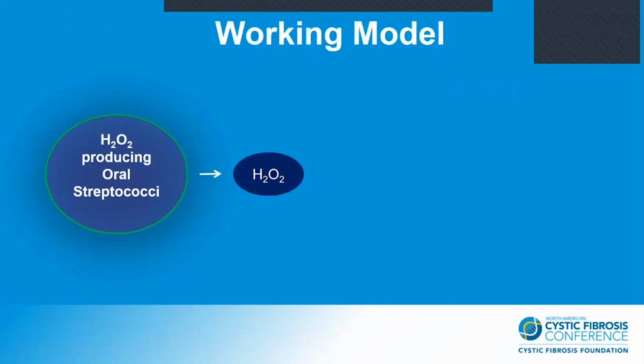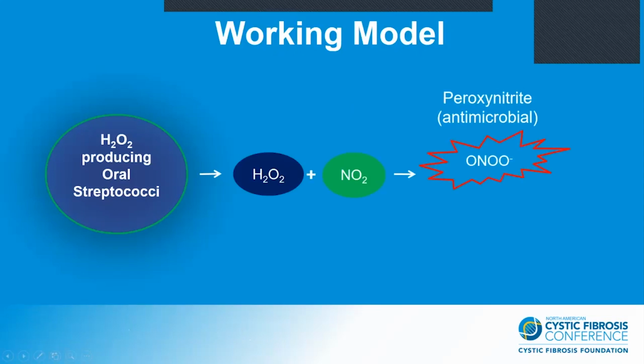So taken together, our working model suggests that the presence of hydrogen peroxide producing oral streptococci in the presence of nitrite can produce an antimicrobial called peroxynitrite. We know that peroxynitrite has antimicrobial activity against Pseudomonas and can result in Pseudomonas cell death.